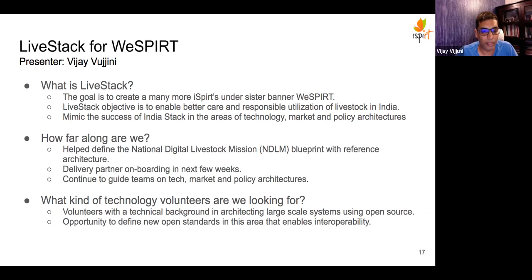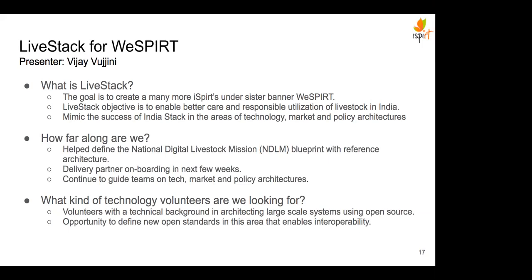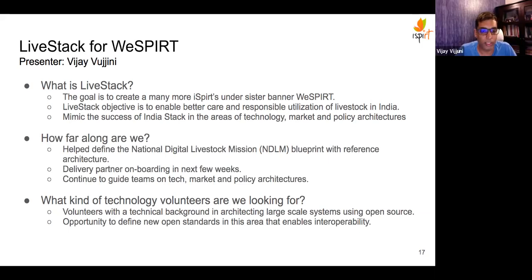We are looking for volunteers who have worked with similar large-scale systems, so that this platform will give an opportunity to work at scale, primarily using open source. Most of our work so far, and iSPIRT as a model, embraces open source and open standards, and this is another opportunity for volunteers to come experience firsthand building population scale systems and deliver something that has an impact on the livestock area.